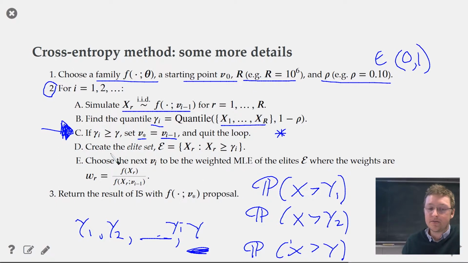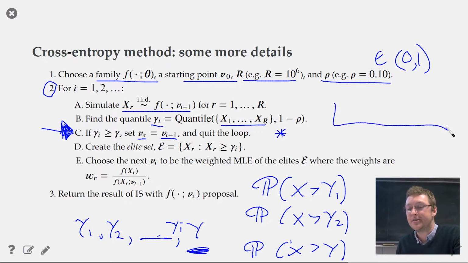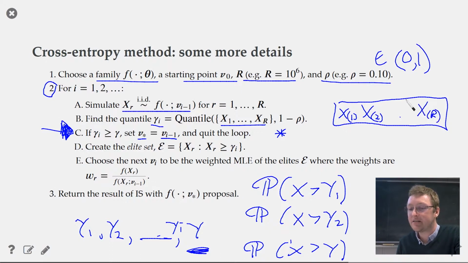The way you do that is create this set of elite samples, which is kind of a hilarious terminology for it. Effectively, you've ordered all your samples in terms of their size, the smallest x, the next smallest x, up to xR.